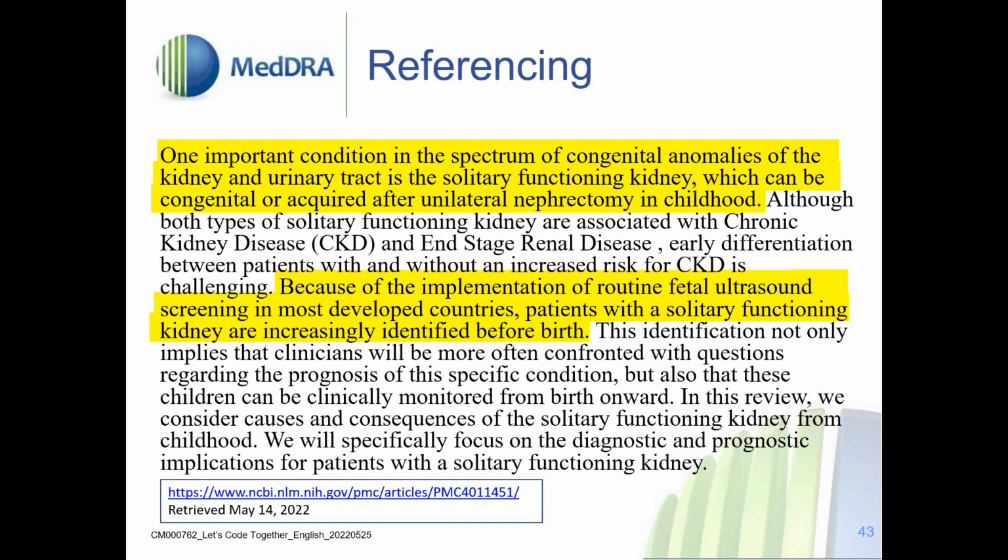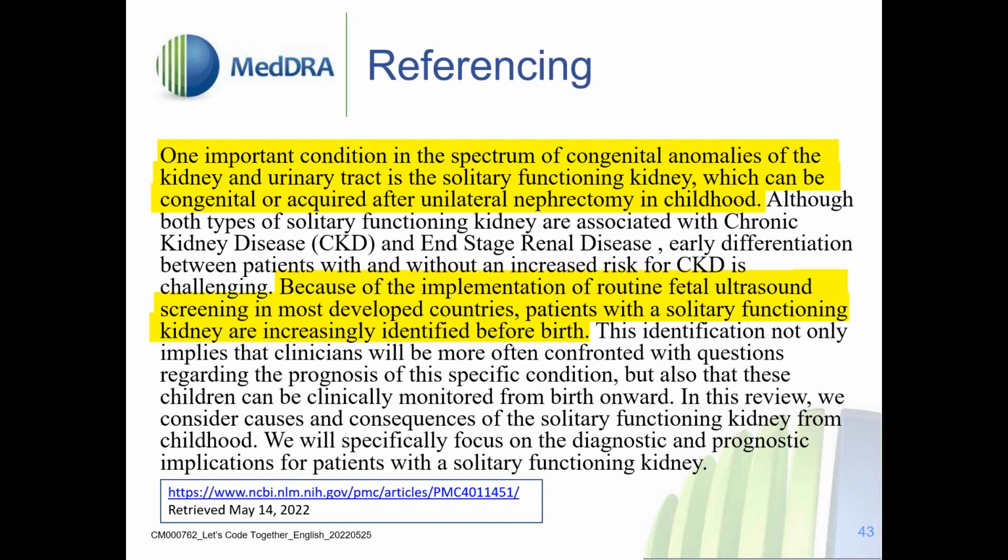So this is looking at either congenital or acquired during childhood after a nephrectomy, but could be later in life as well. This is telling us that we can't assume it's necessarily congenital. It could be acquired. We don't know the age of the patient or when it stopped functioning.